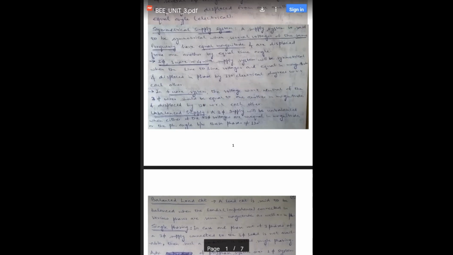generation is clear to you. Now we move on to transmission system. So the transmission system may be of three phase, three wire system. Wires will be of three phases, and in case of three phase, four wire system, the fourth wire is neutral wire.